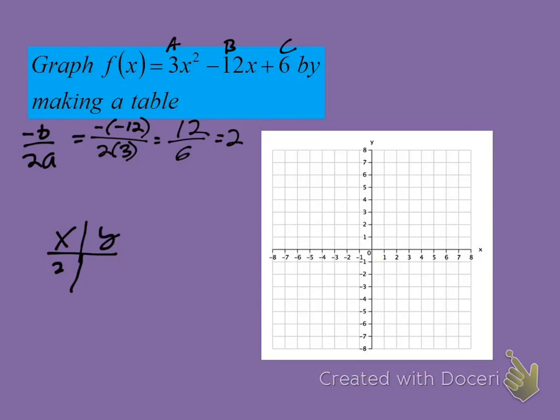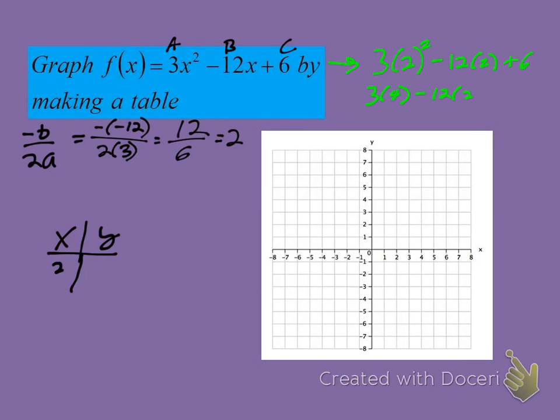Let's do this in green up top here. So 3 times 2 squared minus 12 times 2 plus 6. So you do your exponent first, right? Follow PEMDAS. So 3 times 4.